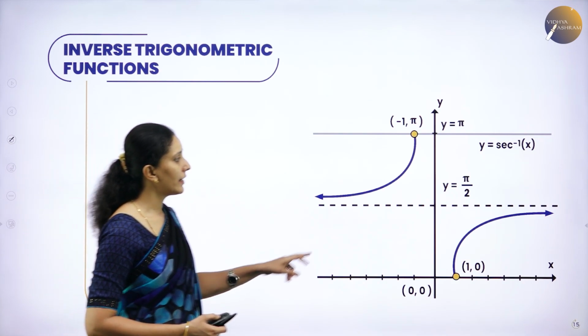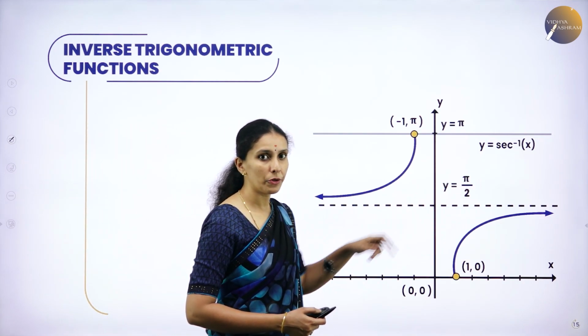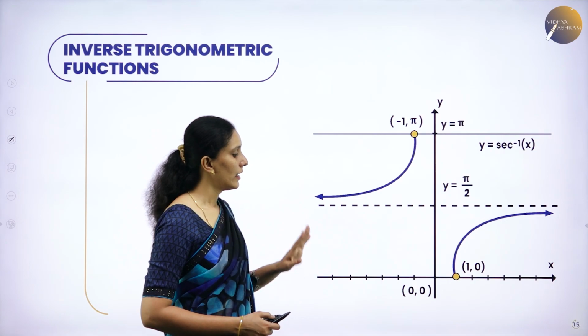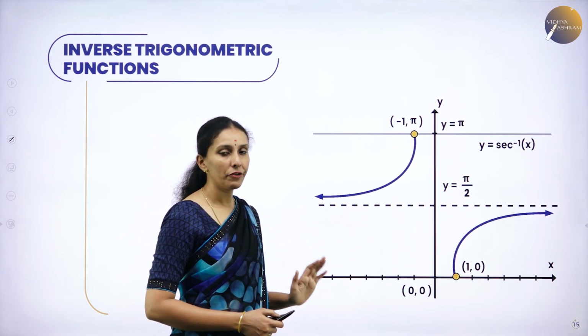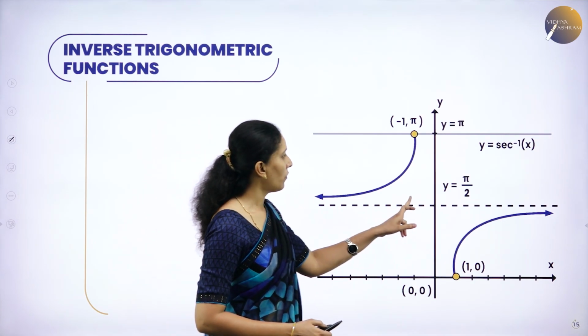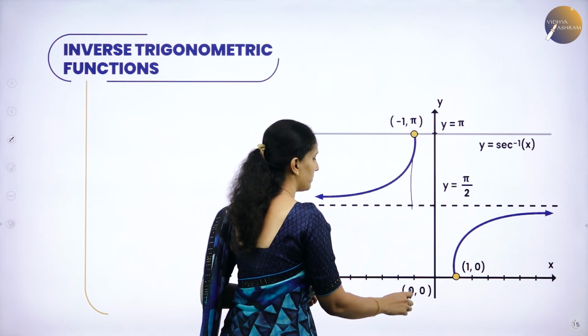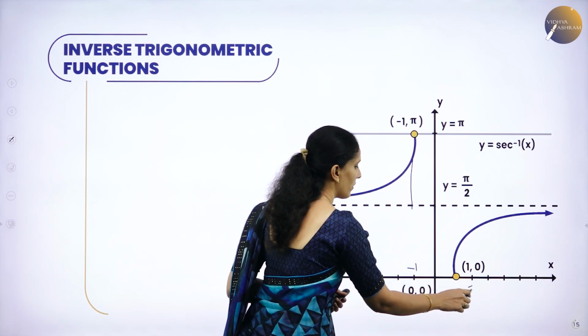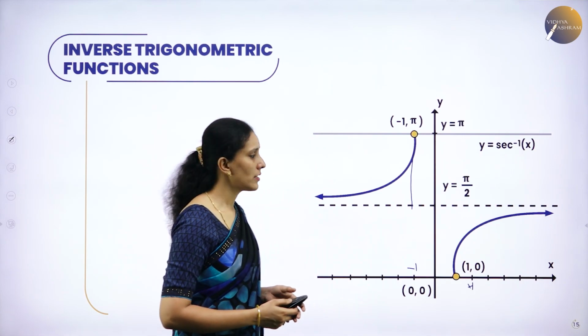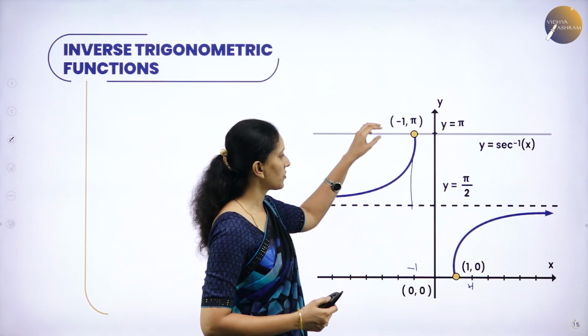I already said it cannot take the value y equal to pi by 2, since x can take values less than or equal to -1 and greater than or equal to 1. So if this is -1 here and this is +1 here, this is how the graph of the function goes.